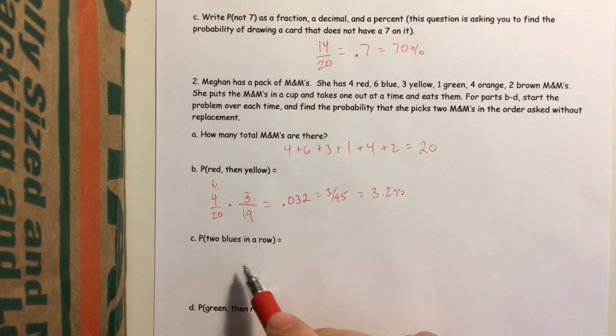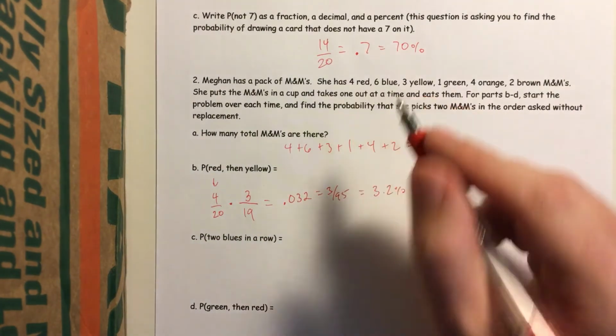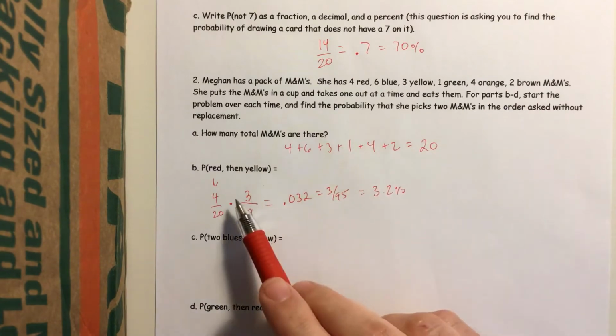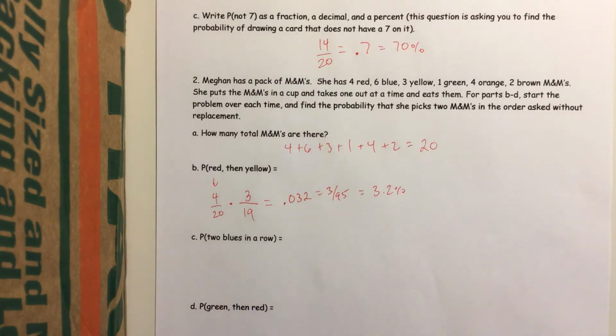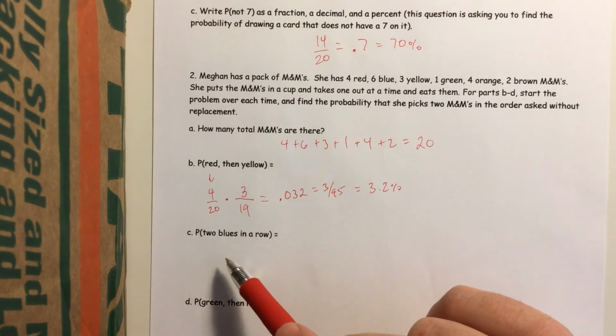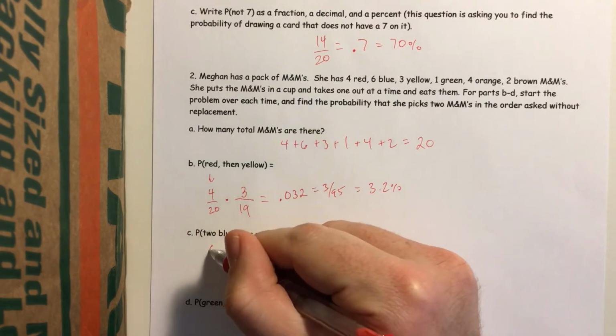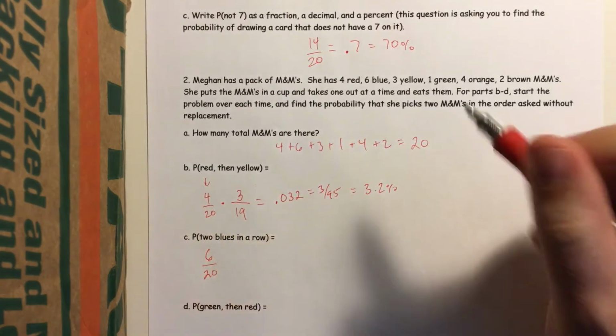All right, what is the probability that we get 2 blues in a row? We have 6 blue M&Ms, and we're starting the problem over, so we're going back to 20 M&Ms. We're pretending this is an alternate timeline where she's pulling 2 blues in a row instead. So we have a 6 out of 20 chance of pulling a blue M&M.